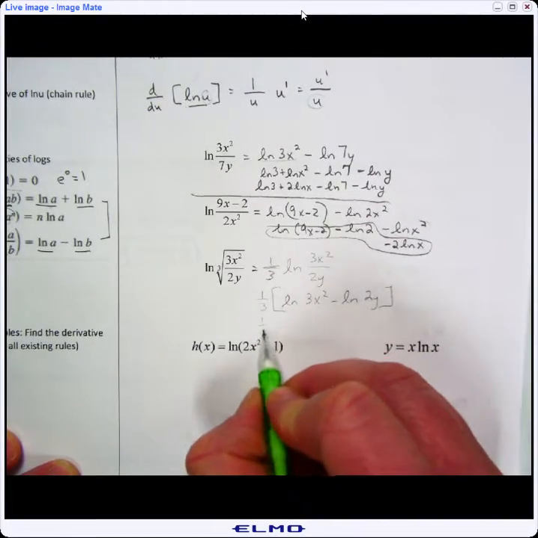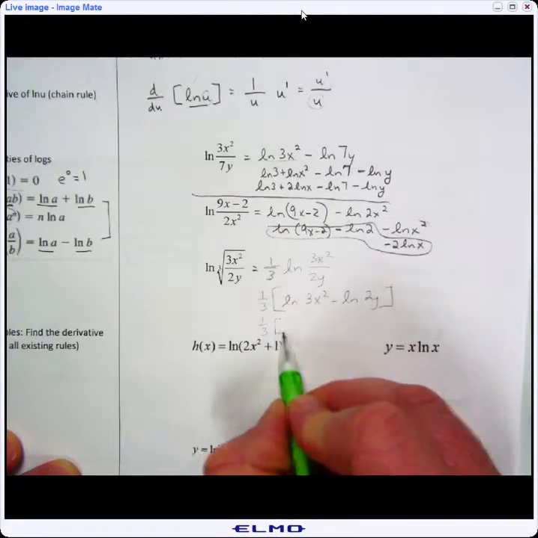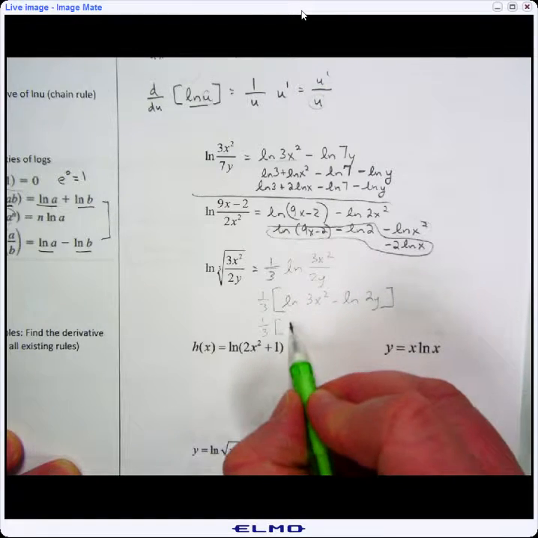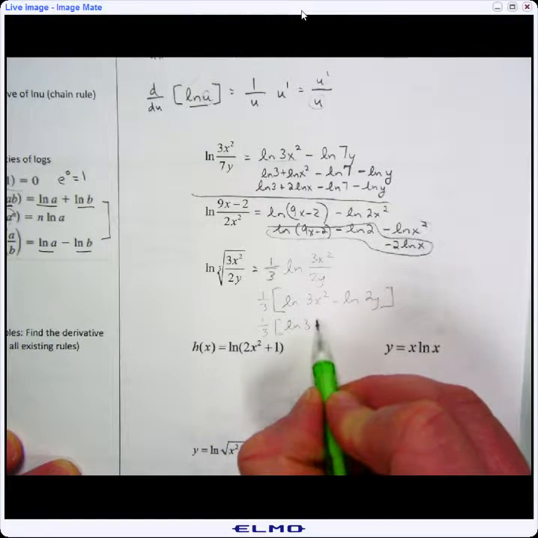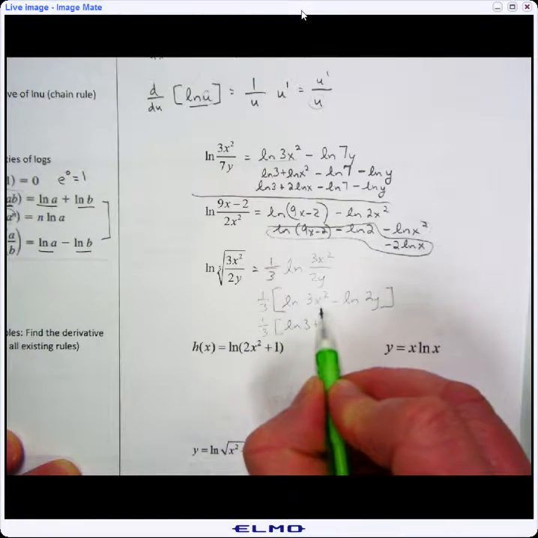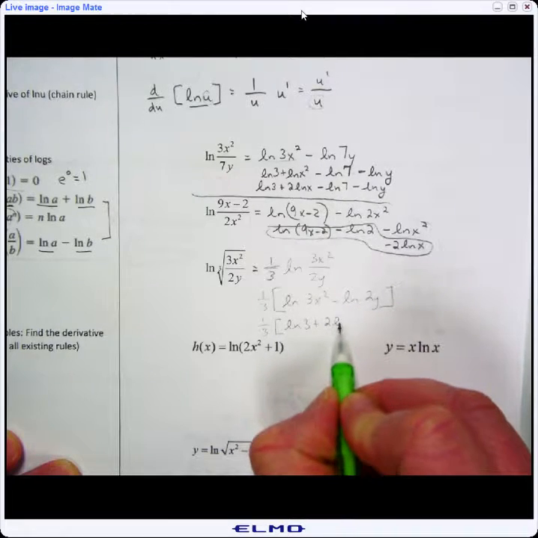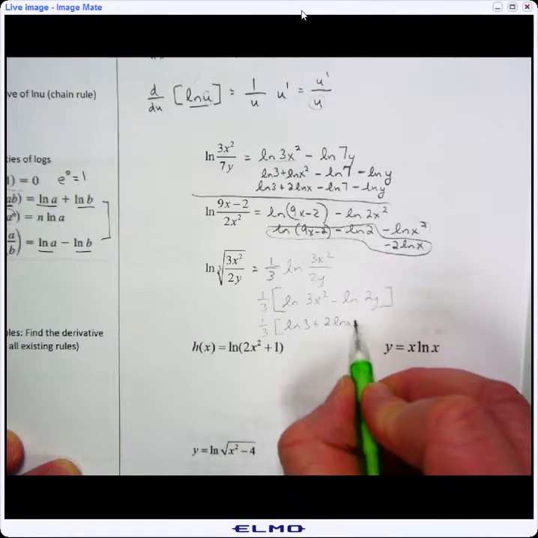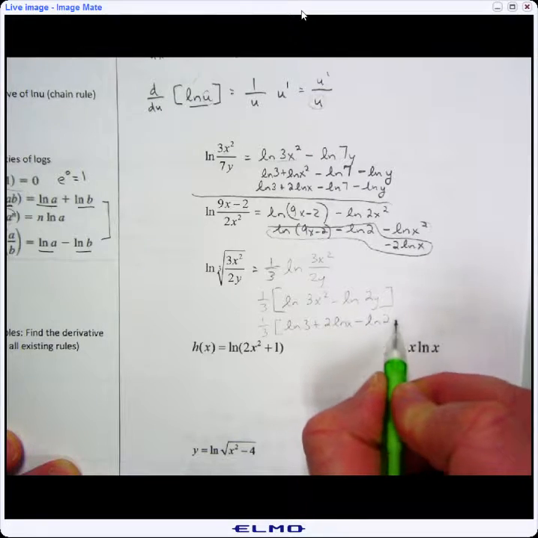And then you just keep splitting these up. So this is natural log of 3 plus natural log of x squared, which we've done is 2 ln x minus ln 2 minus ln y.